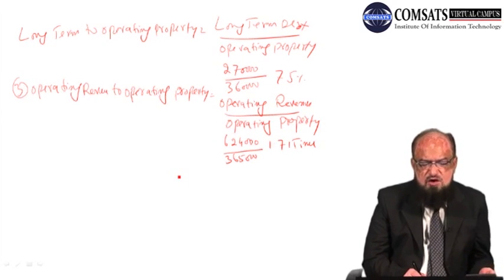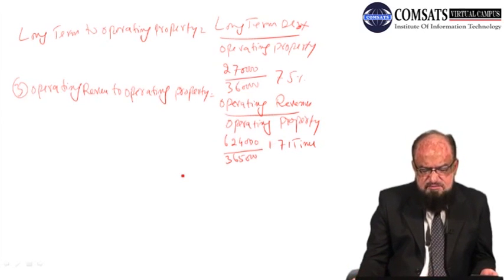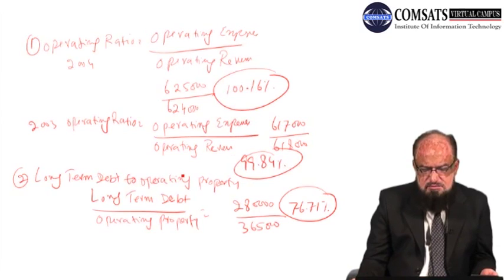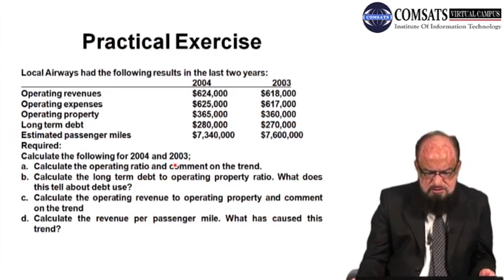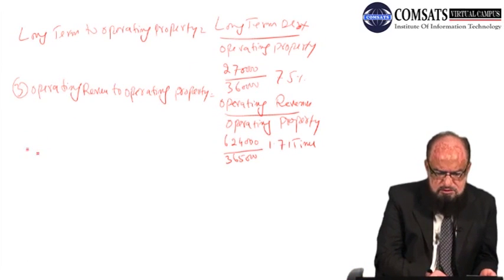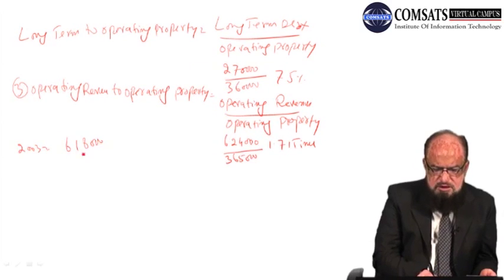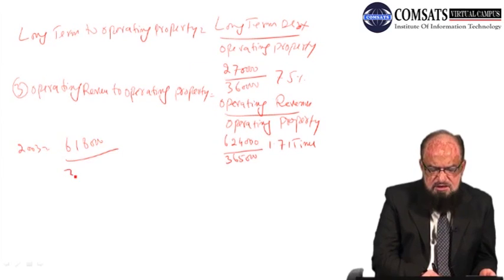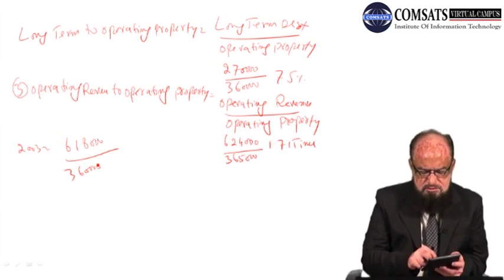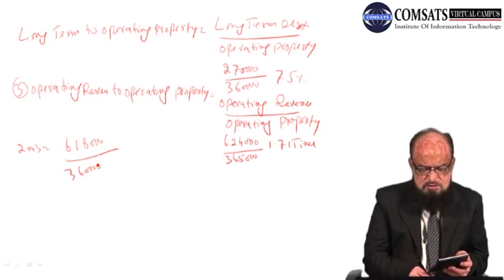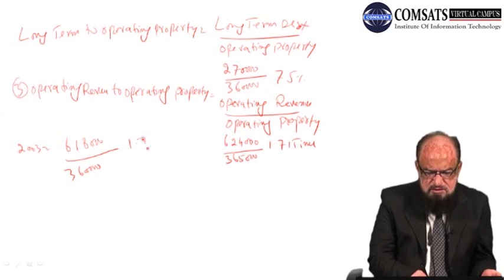Now we will calculate operating revenue to operating property for year 2003. Operating revenue is given, $618,000 for 2003, divided by operating property 360,000, which is 1.72 times.